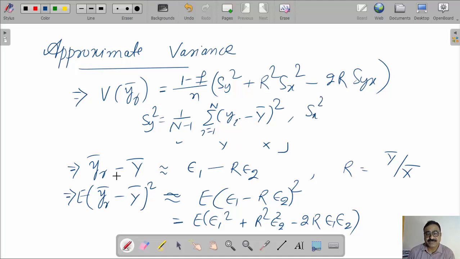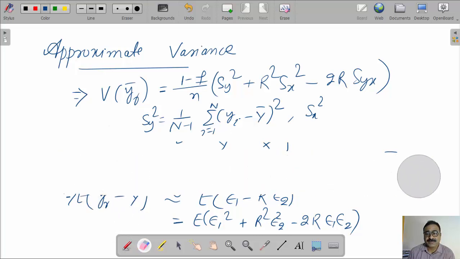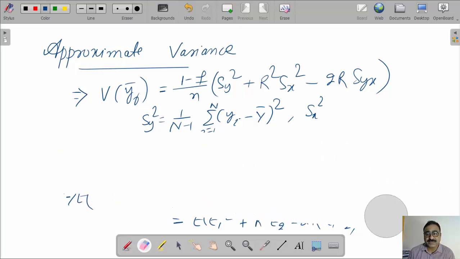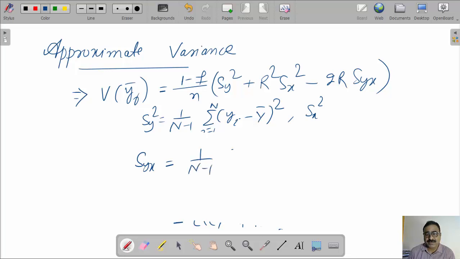Similarly, we can define sx square, and we define syx equal to 1 by n minus 1 summation i equal to 1 to n yi minus y bar into xi minus x bar.